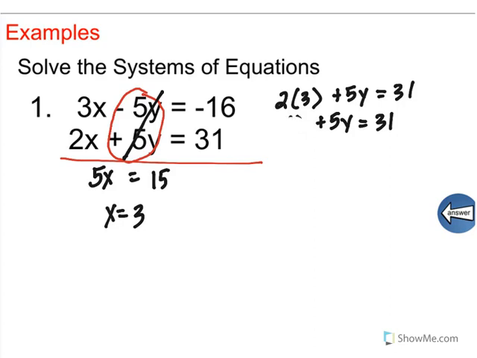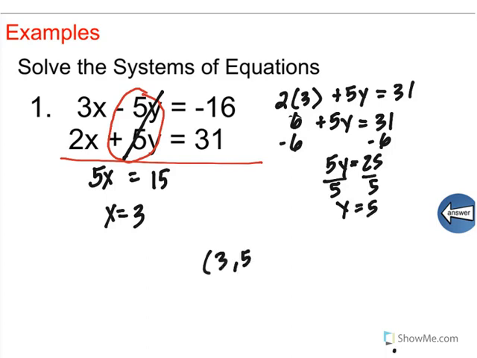So 6 plus 5y equals 31. Subtract 6 from both sides. 5y equals 25. Divide by 5, divide by 5, y is equal to 5. So now my ordered pair here is (3, 5).